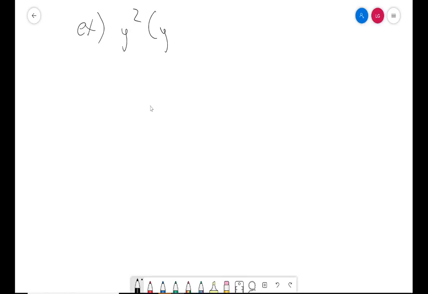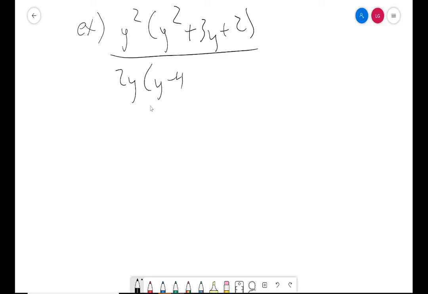y squared times y squared plus 3y plus 2, divided by 2y, y minus 4, y plus 2. Simplify this.